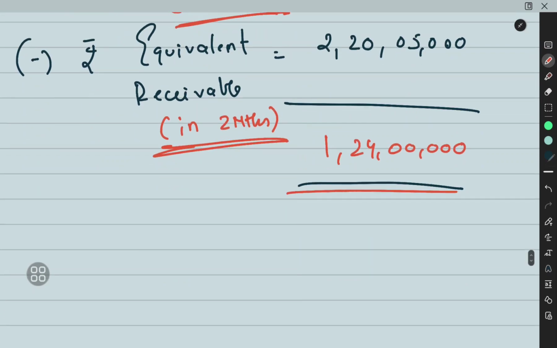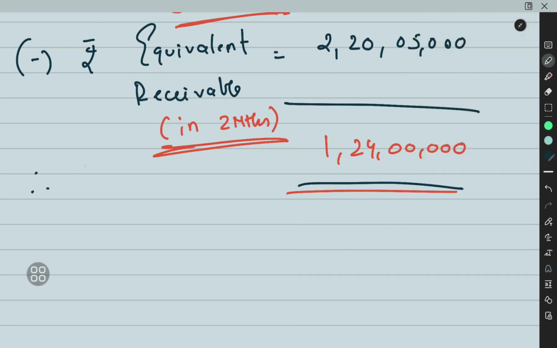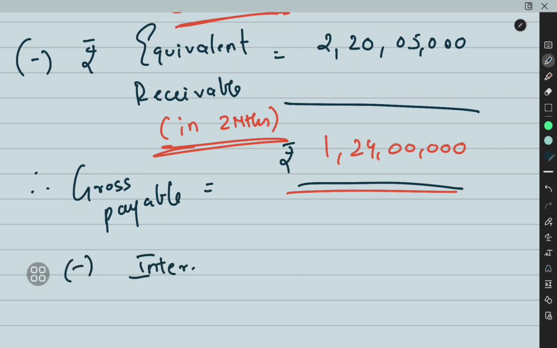But this is not my net payout, this is my gross payout. Therefore gross payable is rupee 1.2 crore less interest earned on receivables.